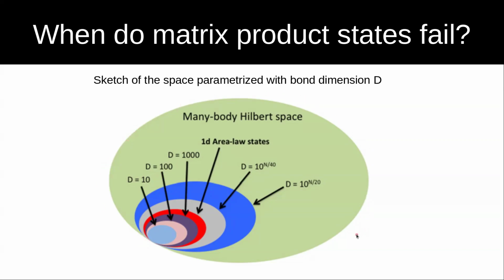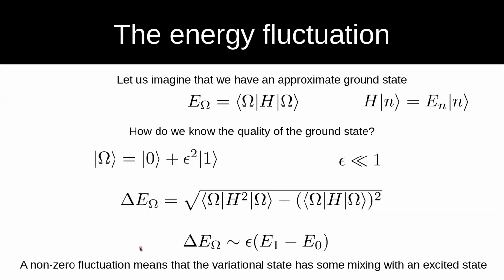But in that case, you would need exponentially large computational resources. The advantage of matrix product states is that you can compute many different observables of interest in quantum many-body models with a relatively low bond dimension, only focusing on a very tiny part of the many-body Hilbert space.